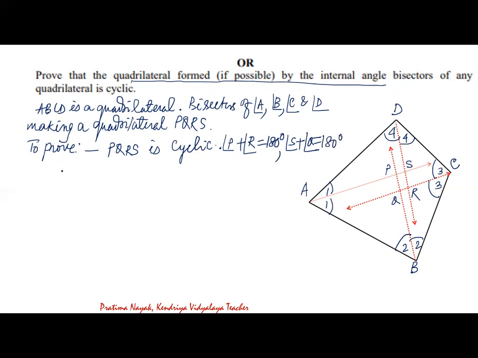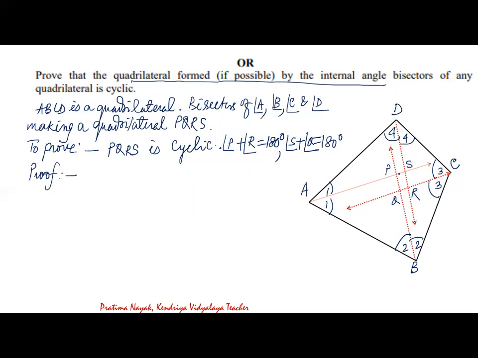So it seems to be very complicated, but it is not that complicated. Proof. So what will I prove?